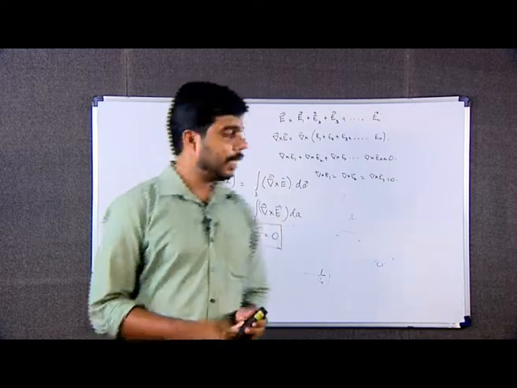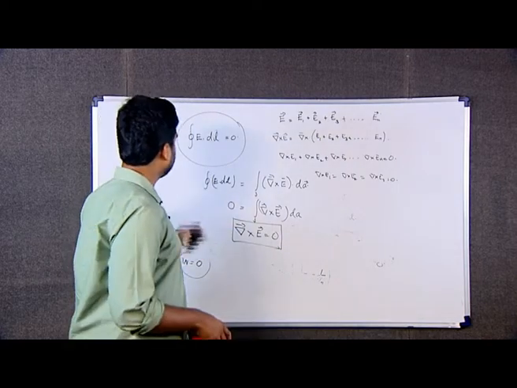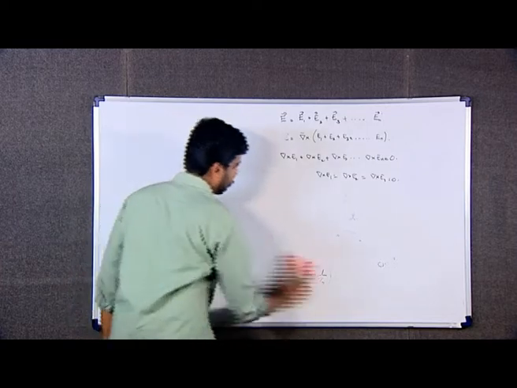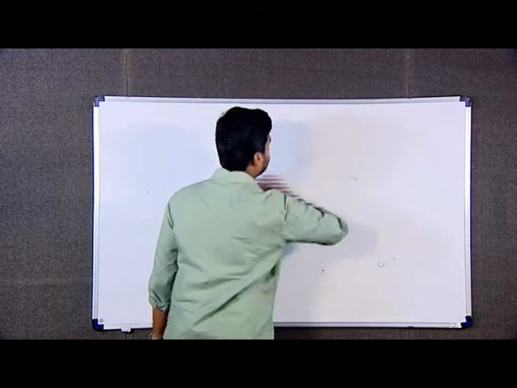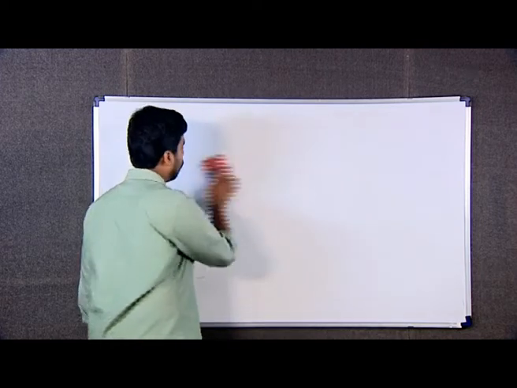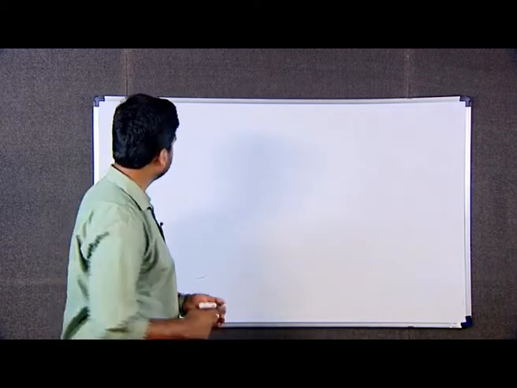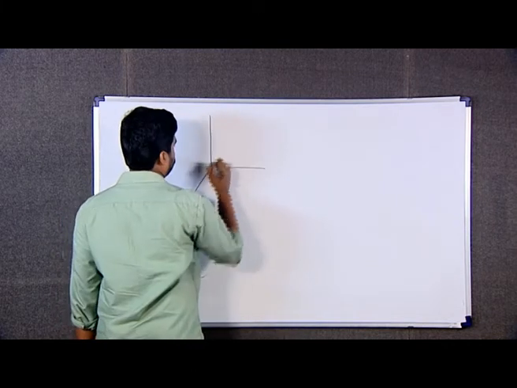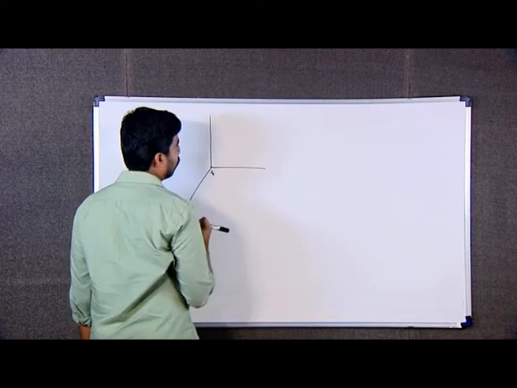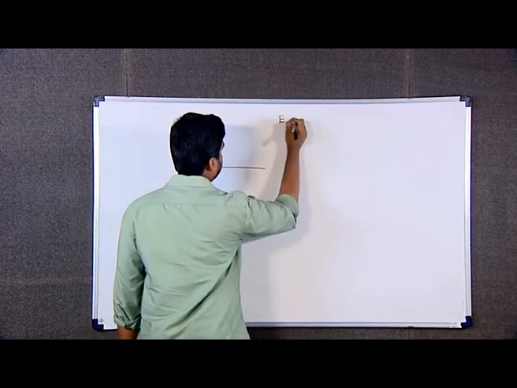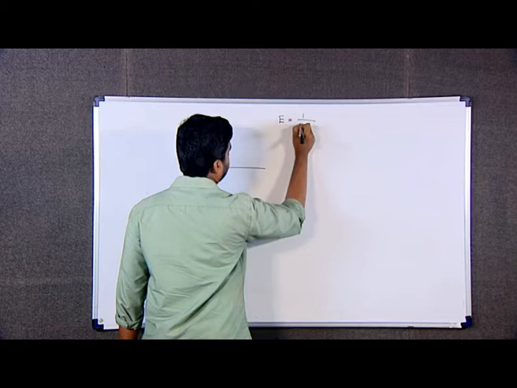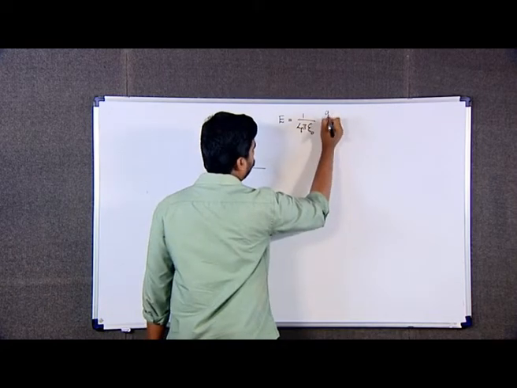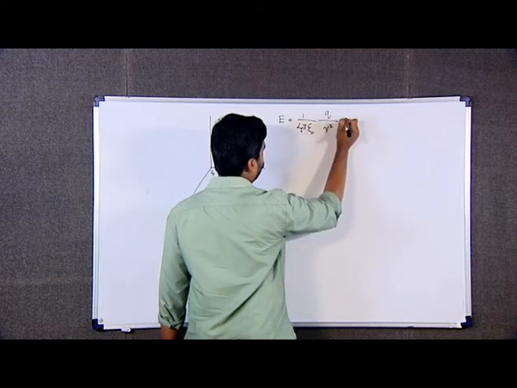Just like what we have proved for a conservative force field, we are considering a test charge moving in a field produced by this charge q. This q is at the origin, and the field produced by the charge q at any distance r is 1 by 4 pi epsilon 0 q by r square into r cap.